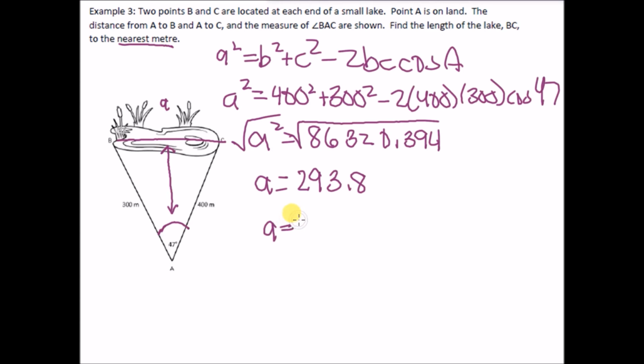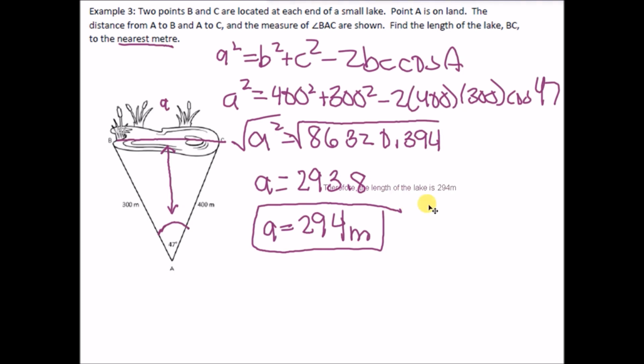So A equals 294 meters. So our therefore statement, it'll fit this time. I didn't write it last time because it wouldn't fit, but I said it out loud. So therefore, the length of the lake is 294 meters. And that's it for that question.